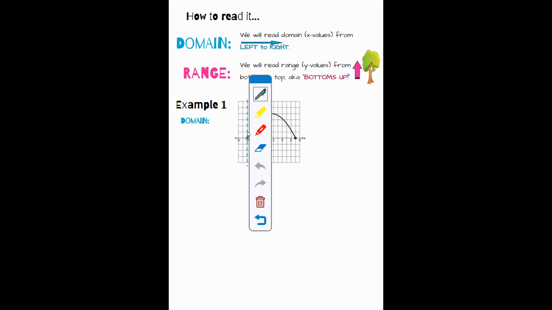Now, as you'll notice, I have an open circle. Now, an open circle means to exclude. Okay, so because I have my open circle at -4, I've drawn a dashed line because I don't want to include that -4 symbol.